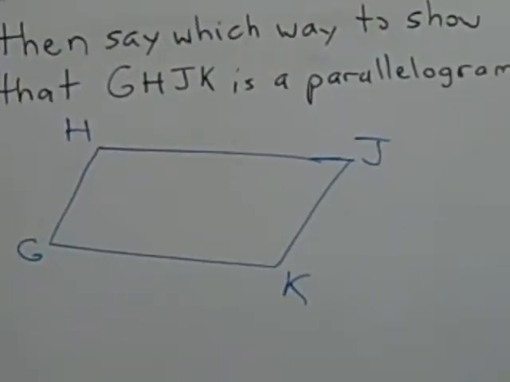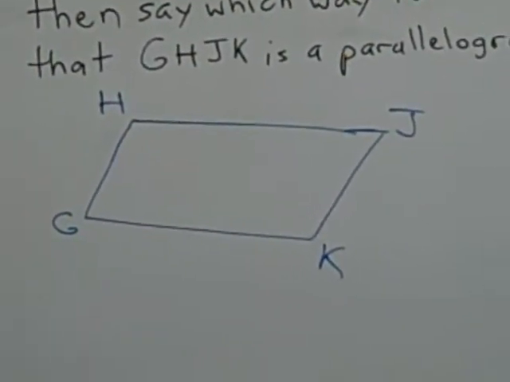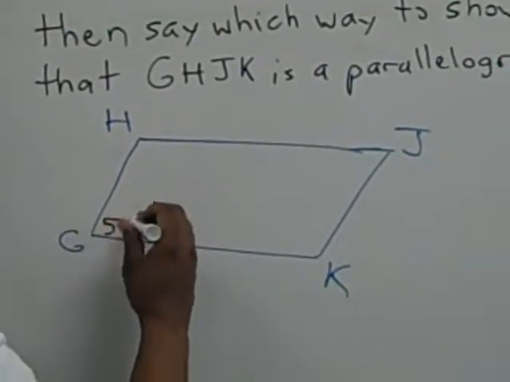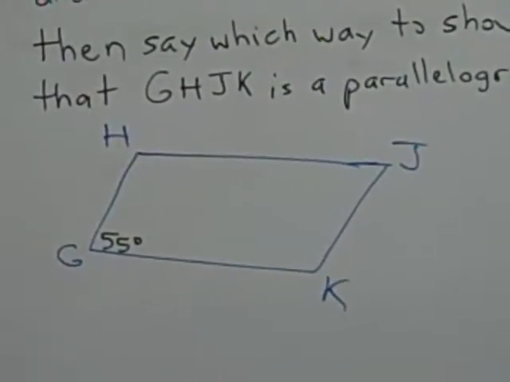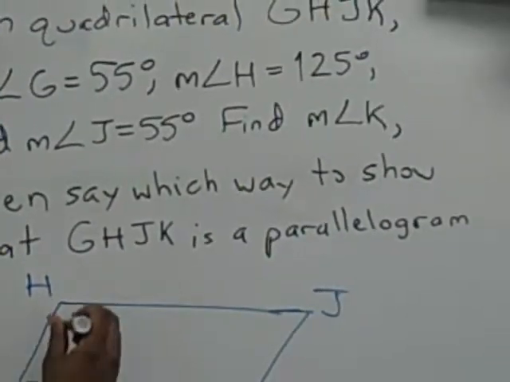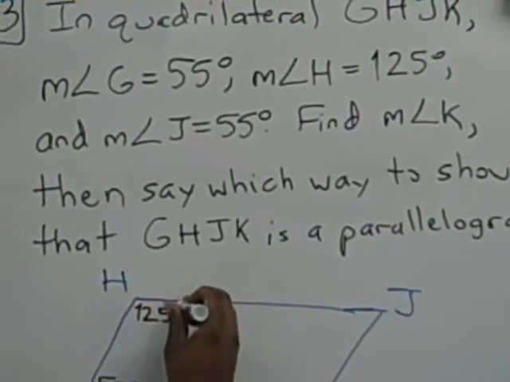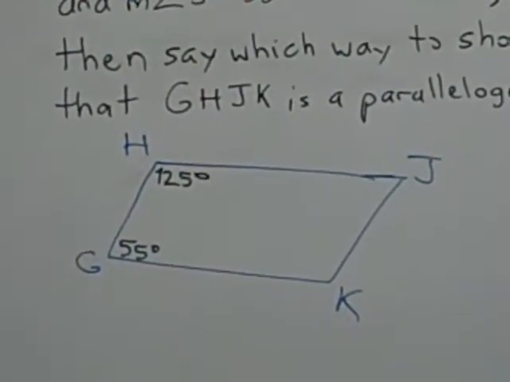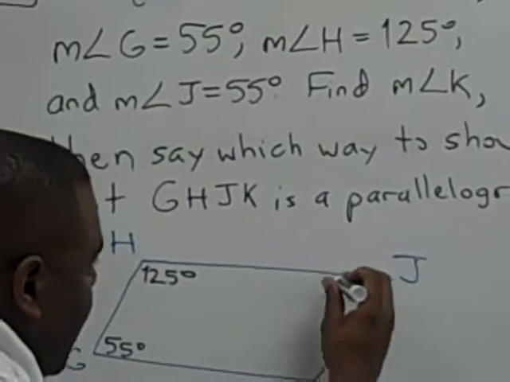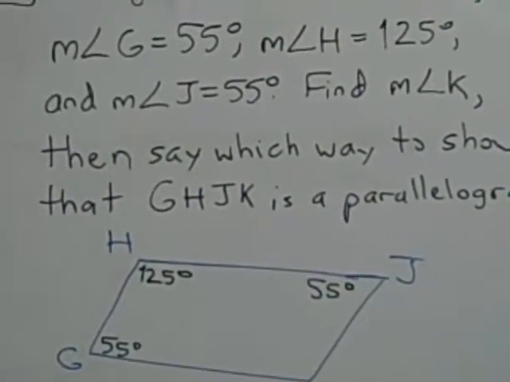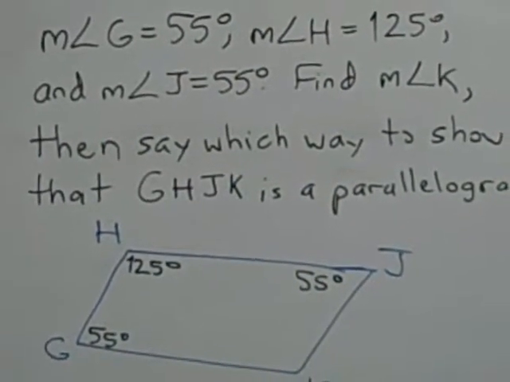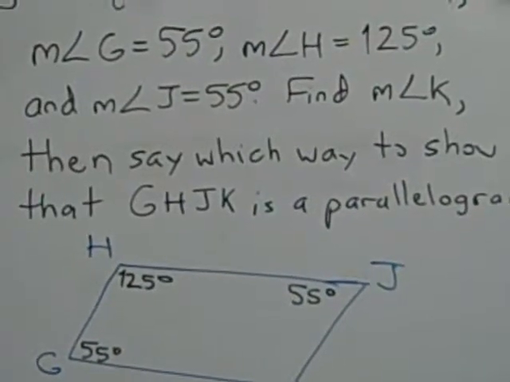What do we know in this shape? We know that G is 55 degrees, so I'm going to put 55 degrees right there. We know that angle H is 125 degrees. And we know that angle J is 55 degrees. So the question is, what is angle K?